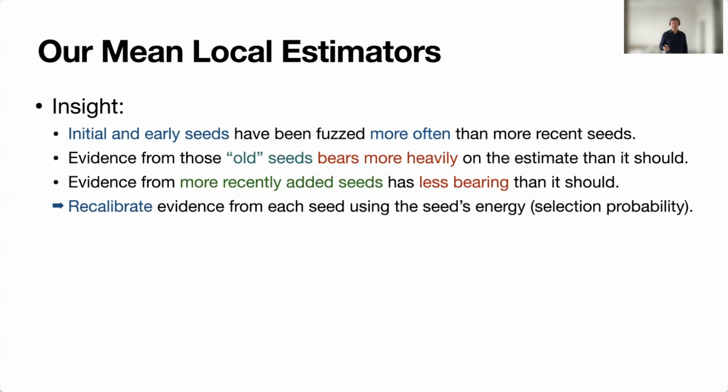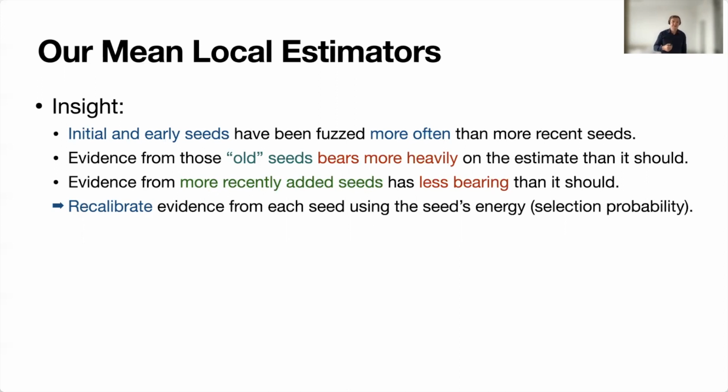The second class of estimators is called mean local estimators. And the insight here is that the initial and early seeds have been fuzzed a lot more often than more recent seeds. So they're contributing a lot more evidence to our estimator than the more recent seeds that are more important now. So old seeds contribute more heavily and new seeds not enough to the final estimate.